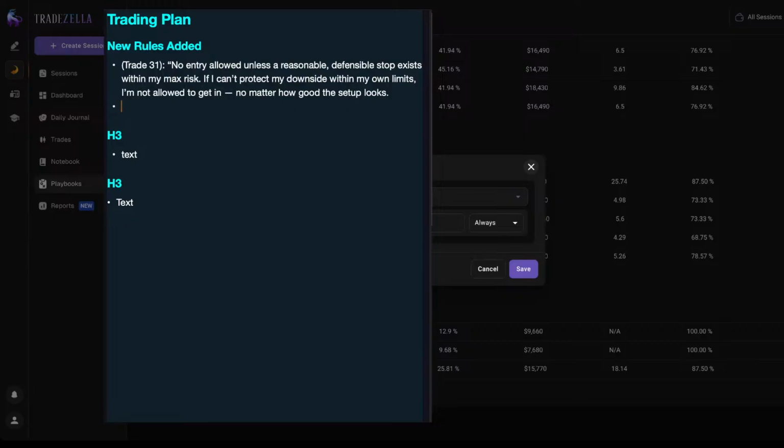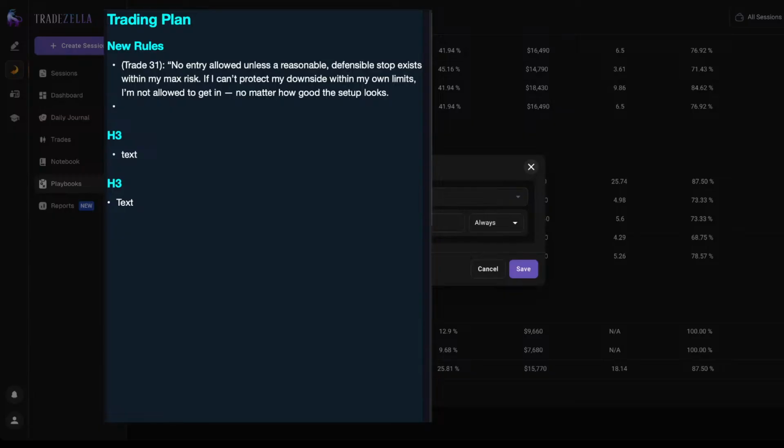So what are we going to call this? The armor rule. The safe exit principle. No, that doesn't make sense.